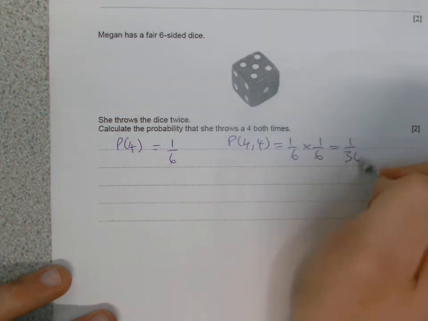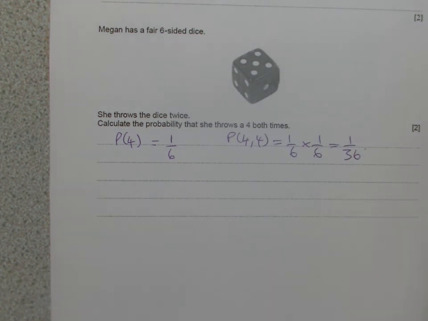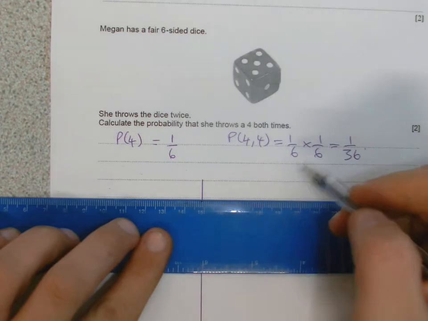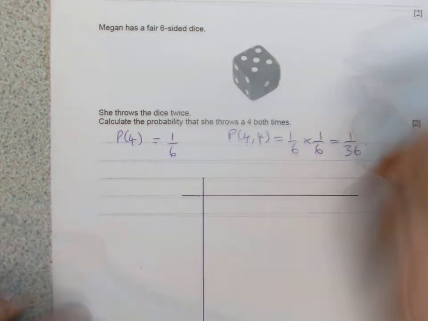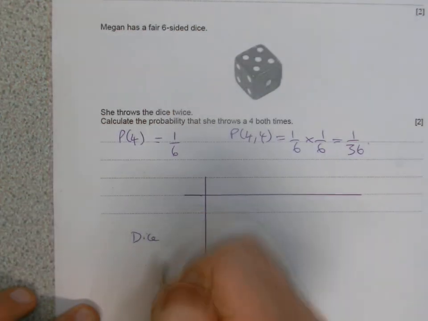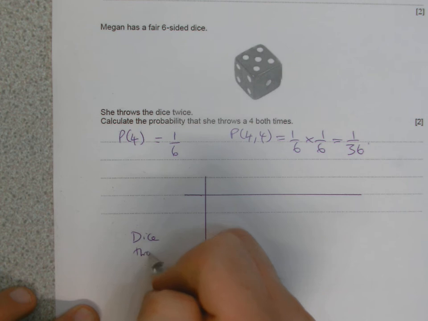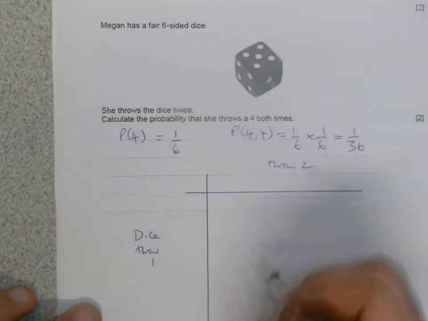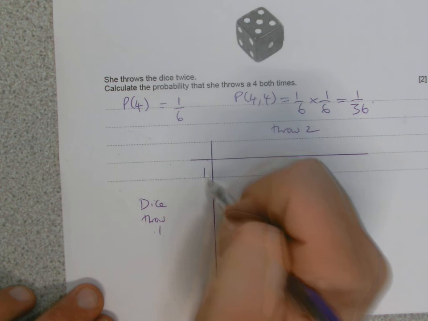Now, I can also prove this in a sample space. It takes a little bit of time to set up, but I can show you. If we have the first throw on the dice, and then throw 2. On throw 1, you've got 6 possible outcomes.